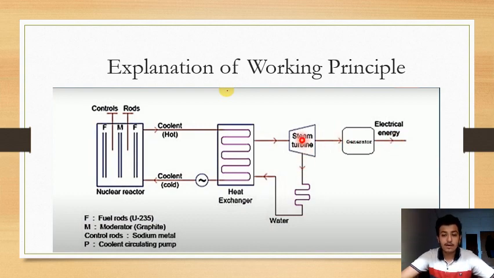The low pressure steam passes from the steam turbine to the condenser, which condenses it into water, and it passes on to the heat exchanger. Again, the hot liquid comes from here, comes in contact with water, and this cycle goes on. So this is how a nuclear power plant works.